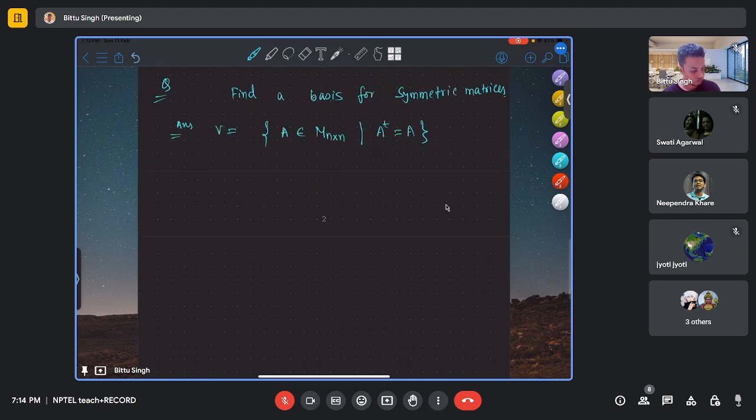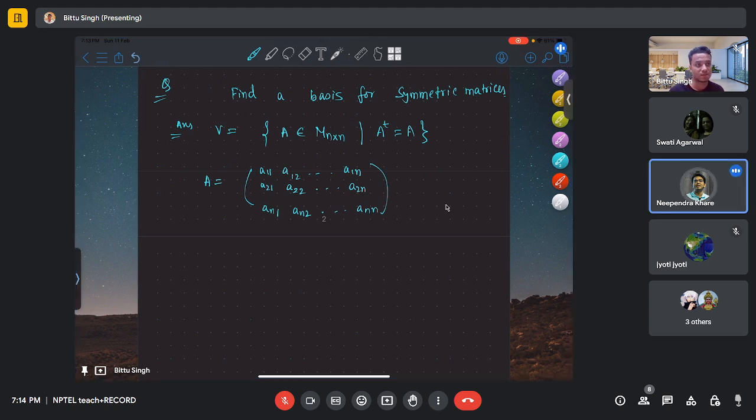So, take any element. A will look like this: A11, A12 up to A1n; similarly A21, A22 up to A2n; and An1, An2 up to Ann.